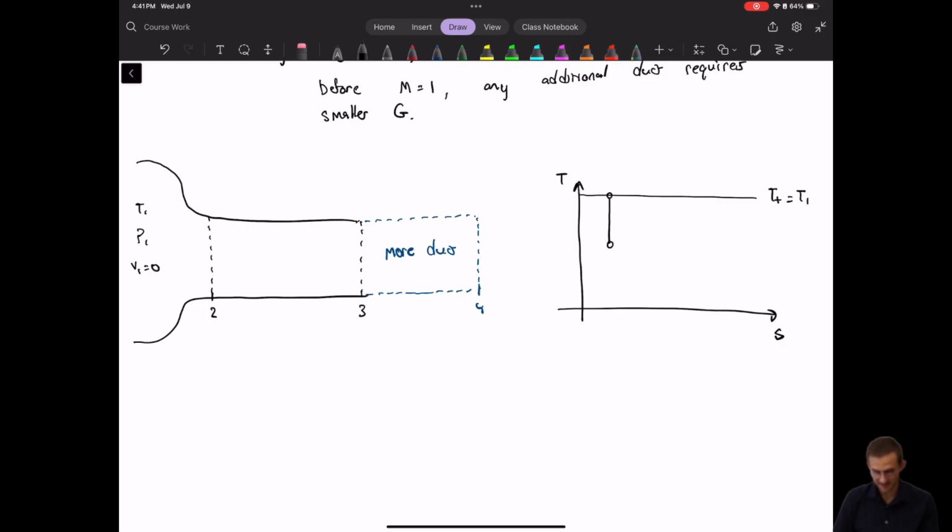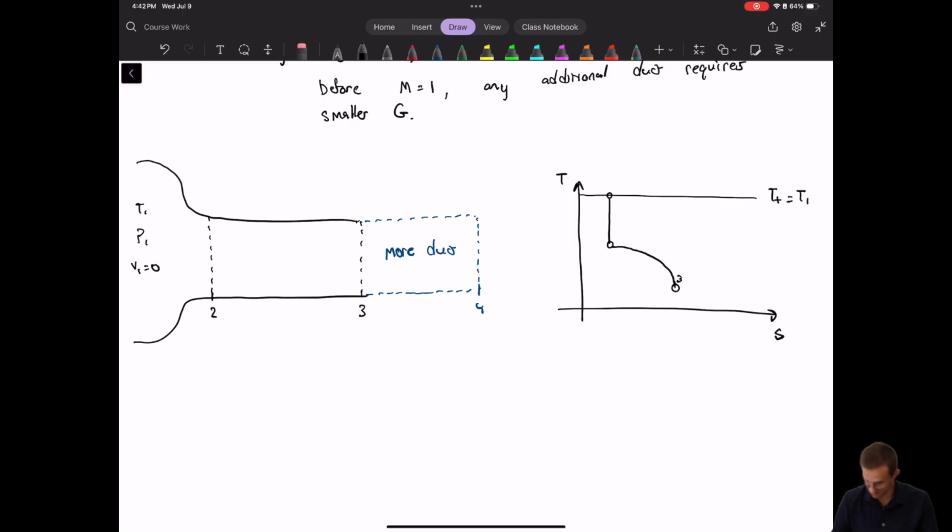Okay? And then at state 2, you start to travel along the Fanno line, and let's say that state 3 is exactly the limiting point for the duct as such. Okay?